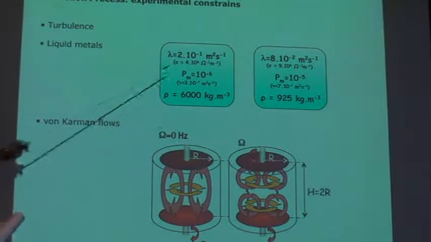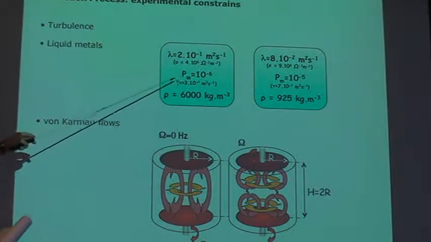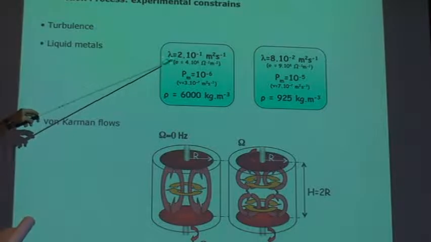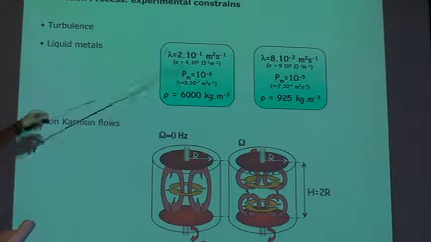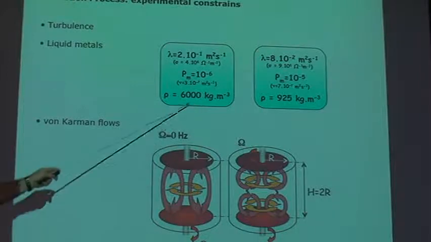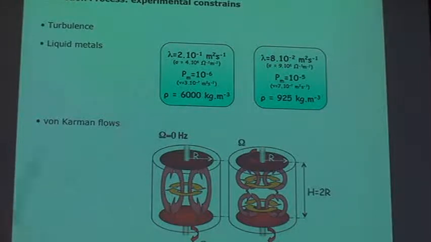The difference is a factor of 2.5 in the diffusivity. The magnetic Prandtl number is about the same, but the density is widely different. And the reason why we care about density is the following.